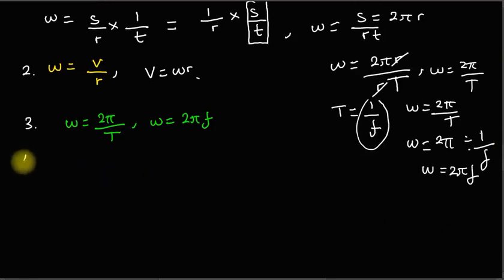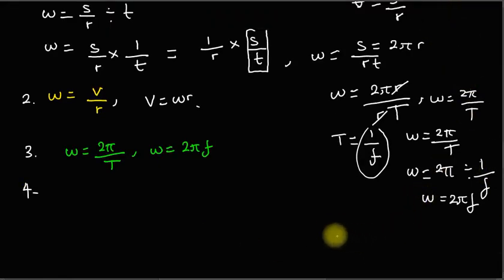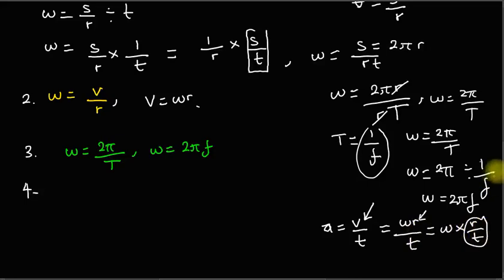Let's derive another formula. All right, that being said, let's see if we can relate acceleration. So formula for acceleration is velocity over time, right? So if we substitute velocity here, so instead of V, we're going to put WR over T. R is radius, T is time. Radius is like distance as well. So distance over time, that's R over T, is the same thing as velocity.